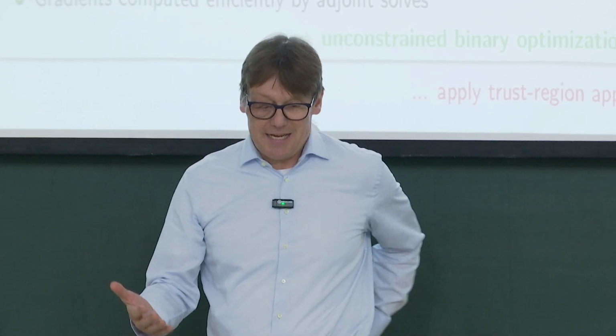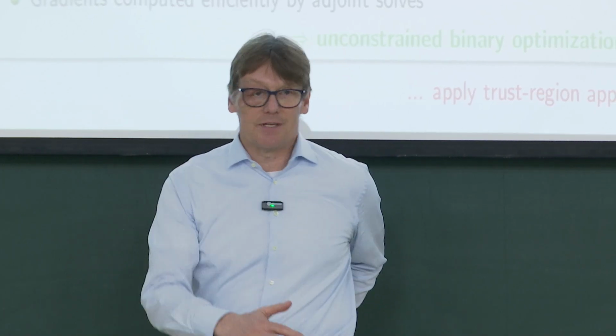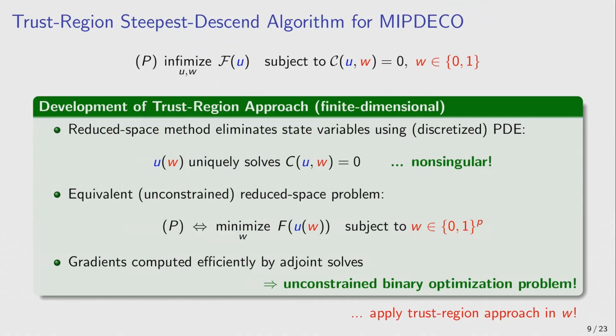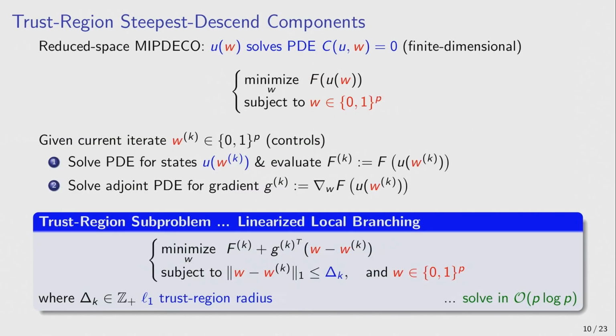You don't do this explicitly, but you can do this implicitly. This gives rise to a new algorithm that generalizes the trust region approach. So what do I need for this algorithm? I want to solve this problem here, where now my function u is defined implicitly by solving this partial differential equation.